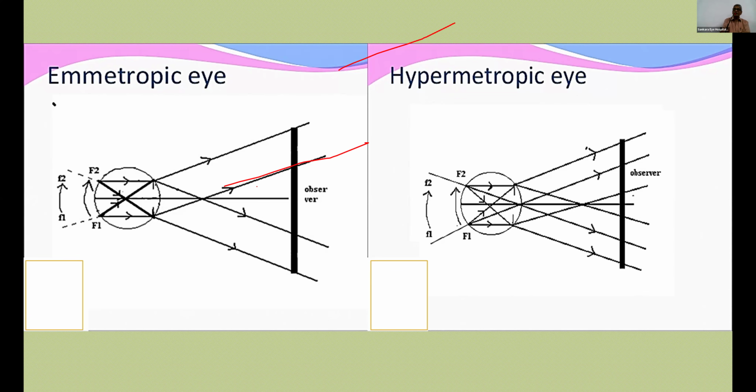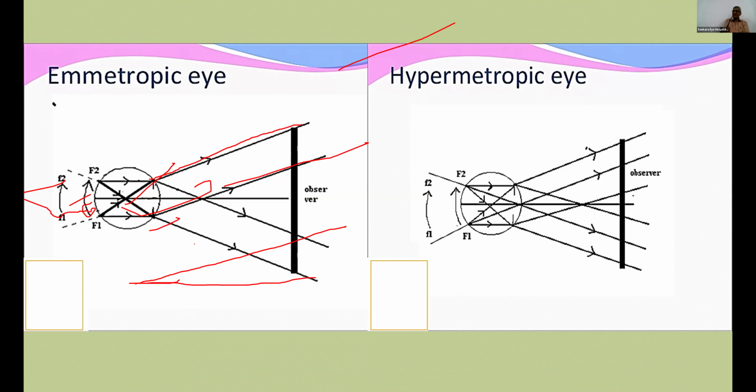Can you see this? From F1, the rays coming are parallel. Just draw two diagrams. Don't draw so many rays, you get confused. You draw one ray passing through the nodal point, another ray you just draw like this.